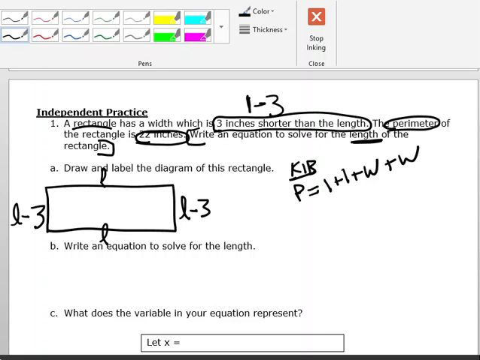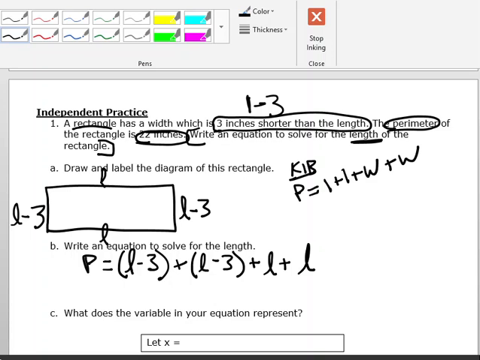I could do P is equal to L minus 3 plus L plus L minus 3 plus L. But we can combine terms. I have these 4 L's floating off by themselves: 1, 2, 3, 4.